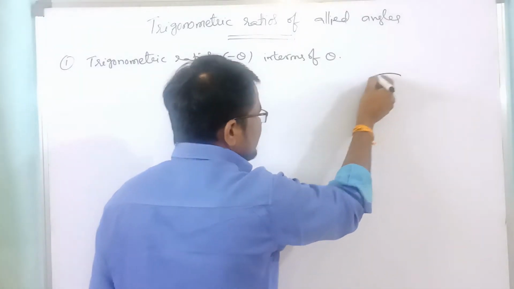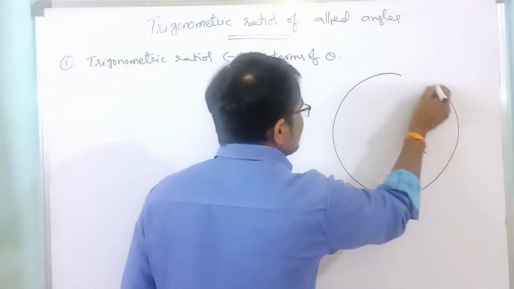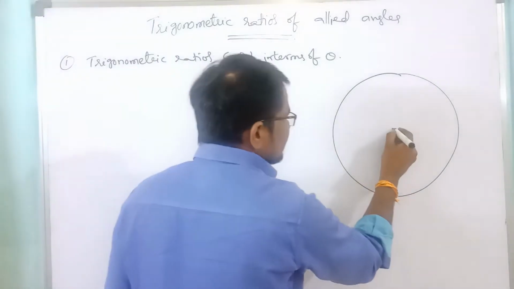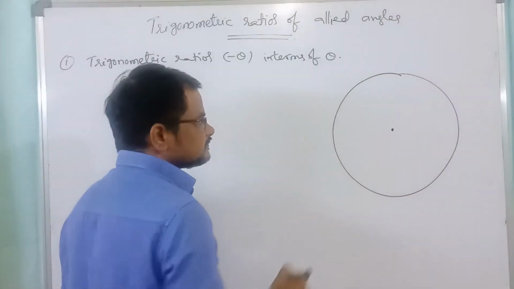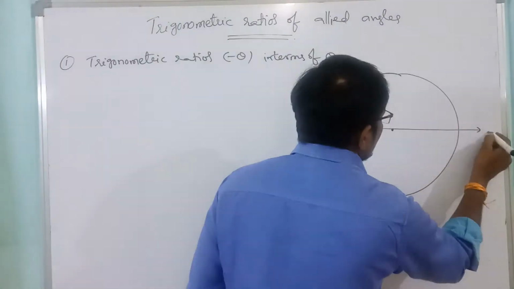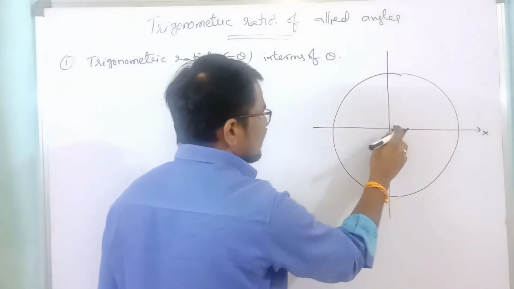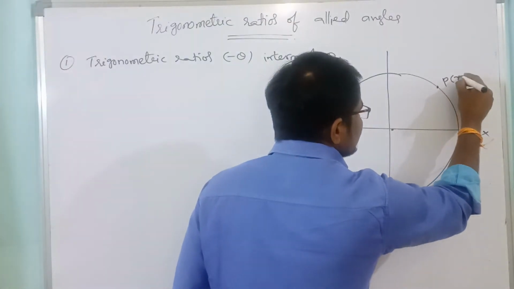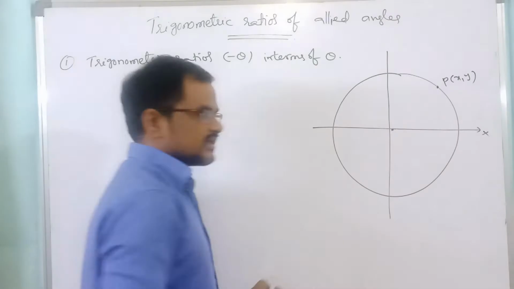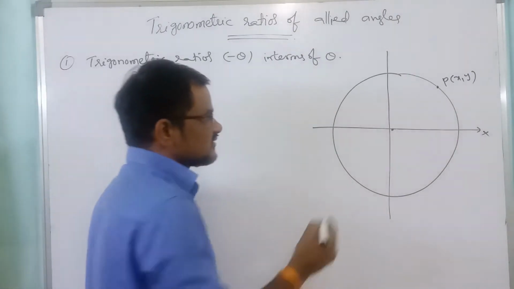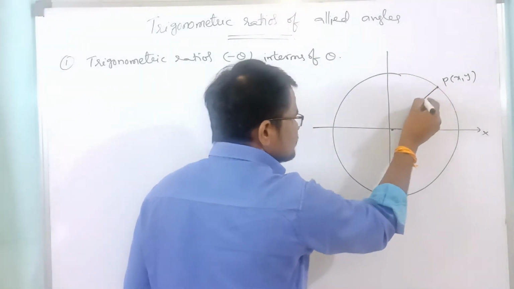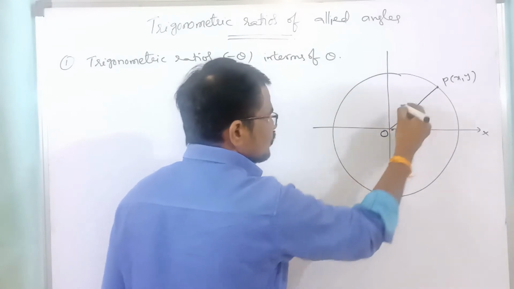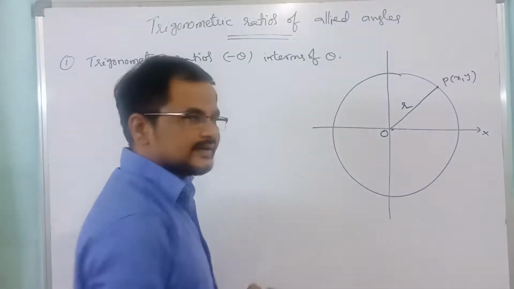Suppose consider a circle whose center is origin and radius is r, and take a point P(x, y) on the circumference of the circle, and join these two. So here this is O, this is a radius, right?